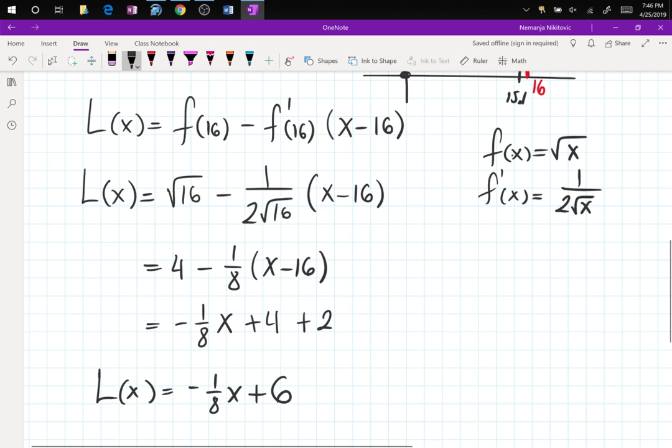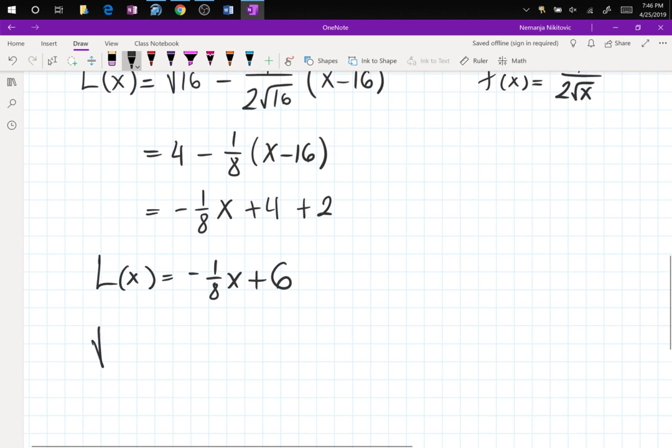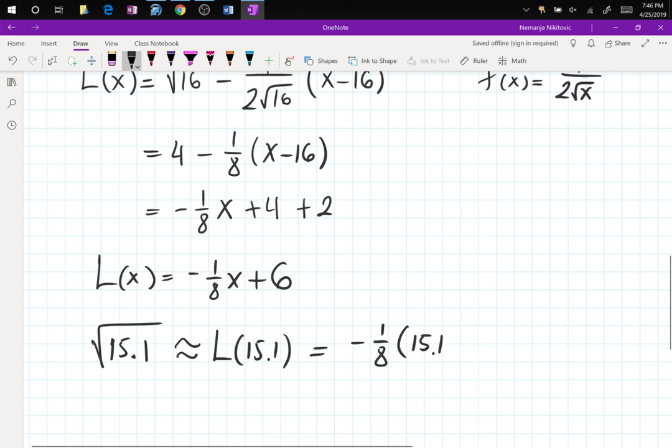So this is my tangent line. So now, square root of 15.1 is approximately equal to L of 15.1, and computing 1 over 8 times 15.1 plus 6 is a joke in comparison to computing the square root, which you actually can't compute.